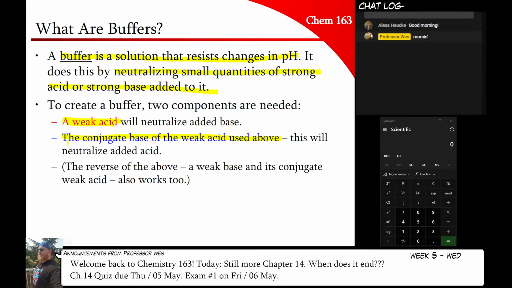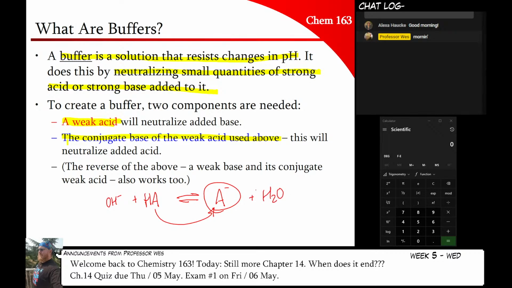Now, interesting, what you are doing is creating a pair of substances that does this. So here's our weak acid, and here's our weak base. And if I react with the acid here by, say, doing this, I would then create this thing in the solution.